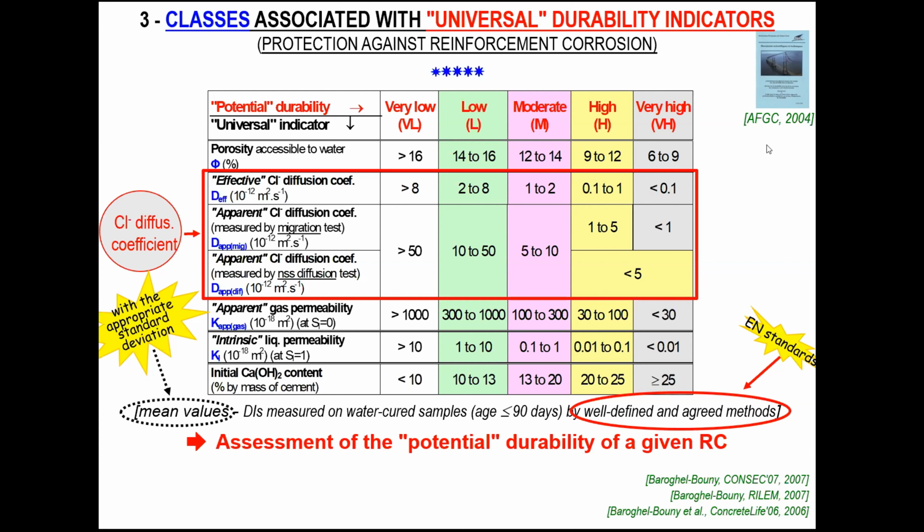This example is directly drawn from what we did when we developed the approach in France in 2004. And so for each selected durability indicator, we define classes in order to decide on a very low or a very high potential durability, for example.